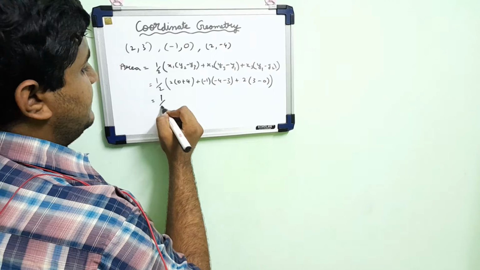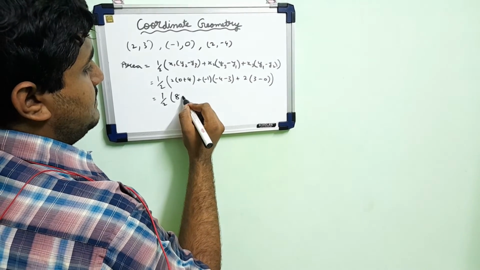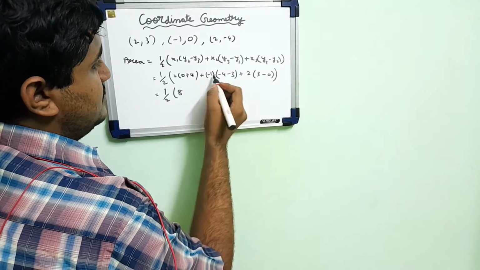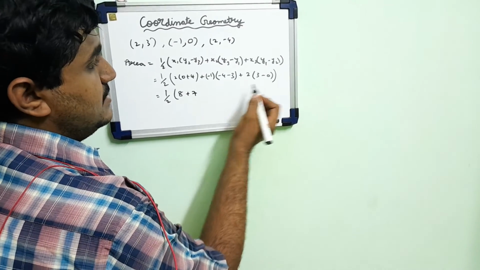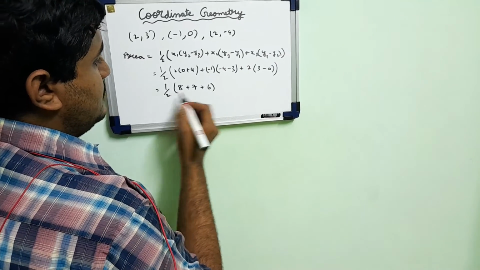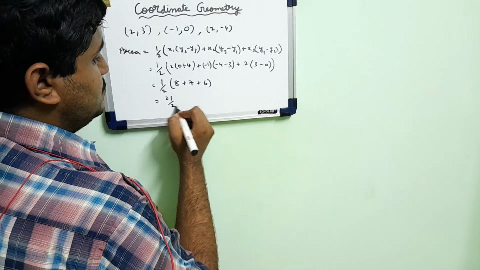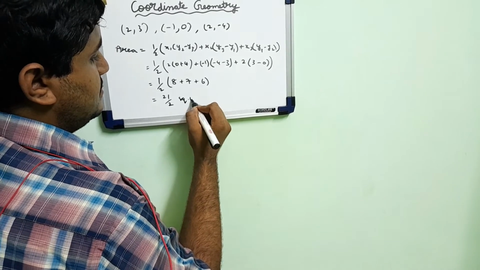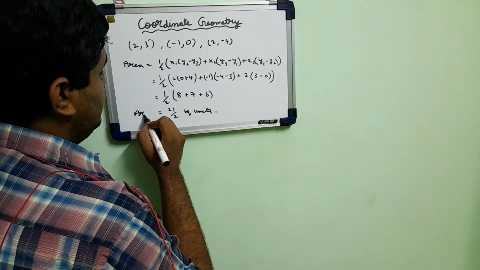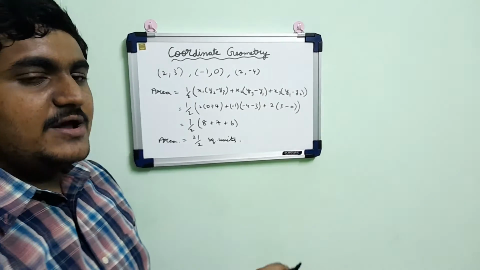So by solving this, half into [8 plus 7 plus 6]. By adding it we get 21. So the area of the triangle will be 21 by 2 square units. We see that the area of the triangle formed by these 3 coordinates is 21 by 2 square units.